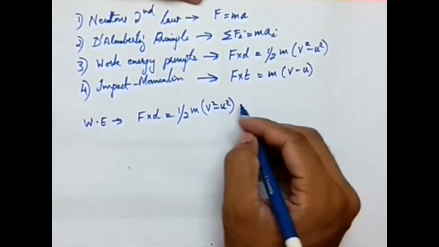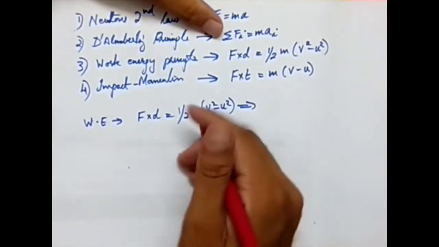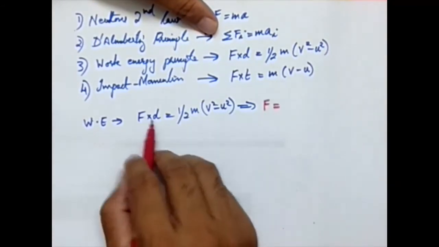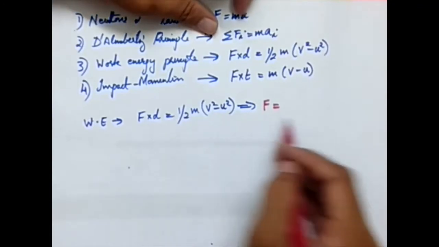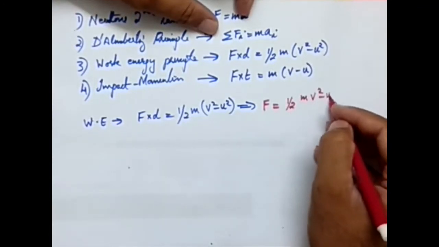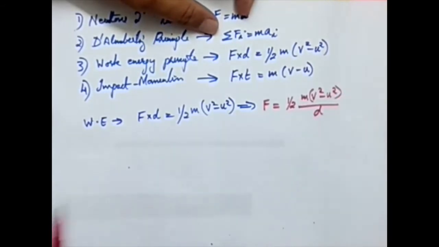Now if you try to reform this equation, I'm trying to express this in terms of F. So I'm taking whatever is on the left side to the right hand side. The expression will be half m (v square minus u square) by d.